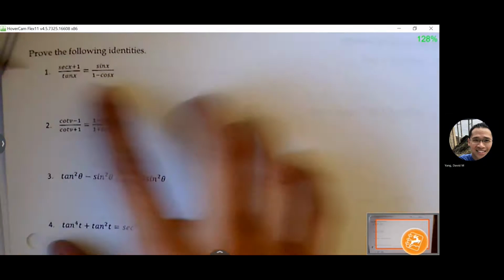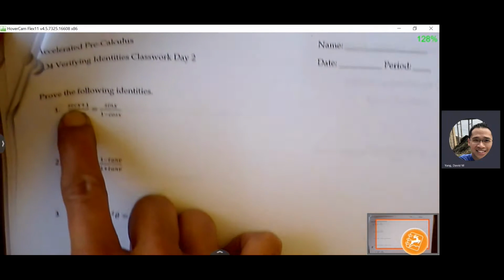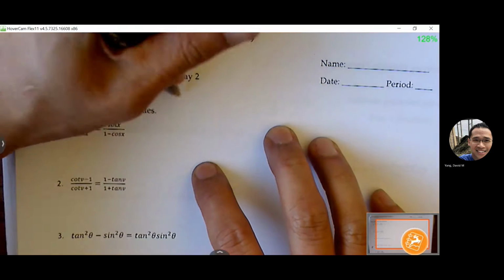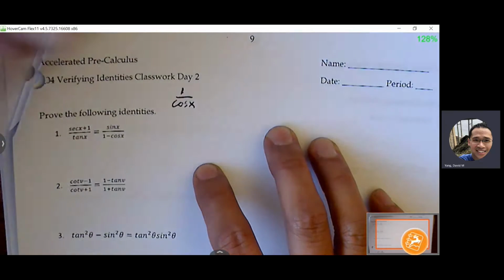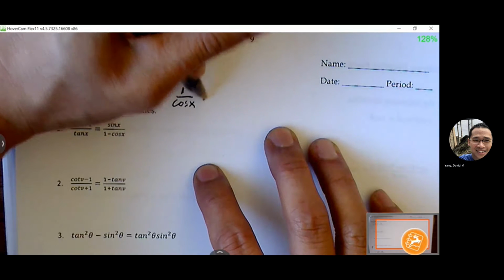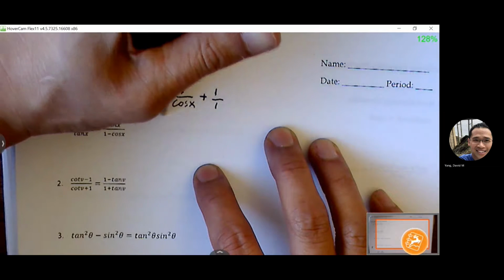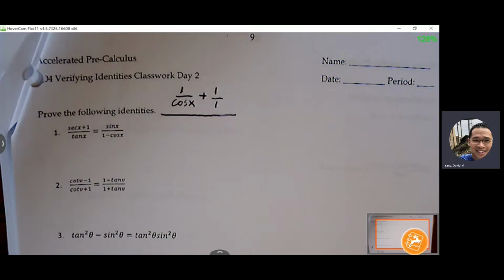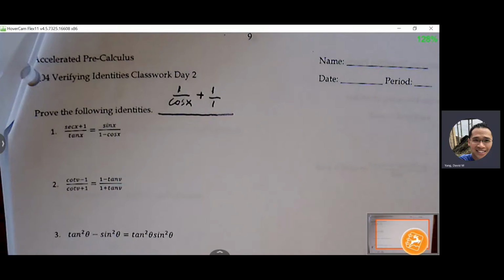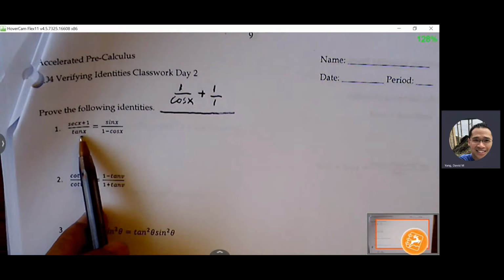Okay, so secant can be rewritten. Now carefully, in this numerator section of my complex fraction, I'm putting a 1 over 1 there just so I know that I have to work in the common denominator here. Okay, how about tangent?